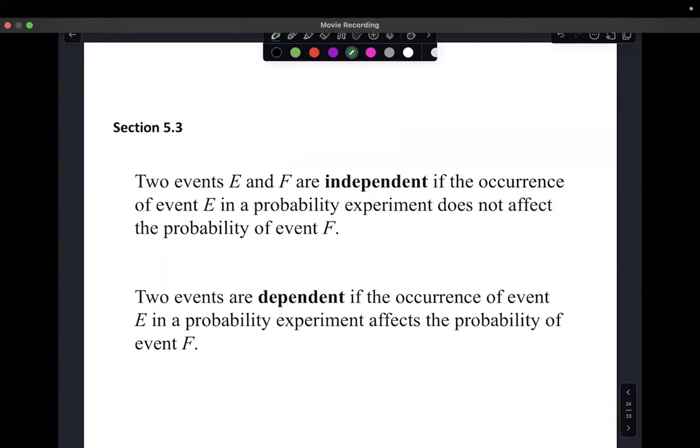If two events are dependent, then the probability of one affects the probability of the other. So, two people driving in a car together, I know this is morbid, but the probability of one of them getting in an accident obviously affects the probability of the other one getting in an accident. Those would not be independent. Those would be dependent.